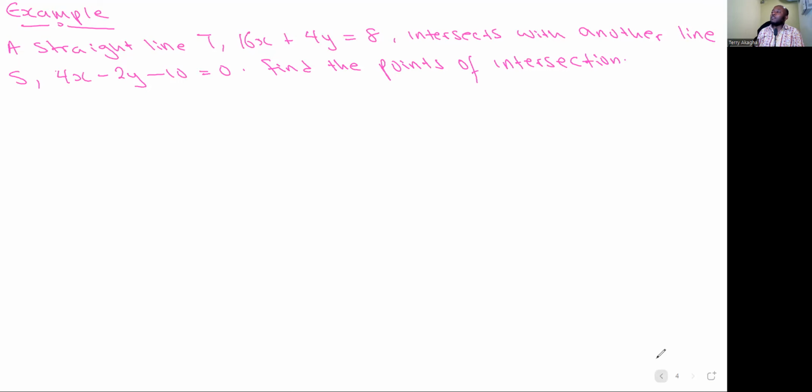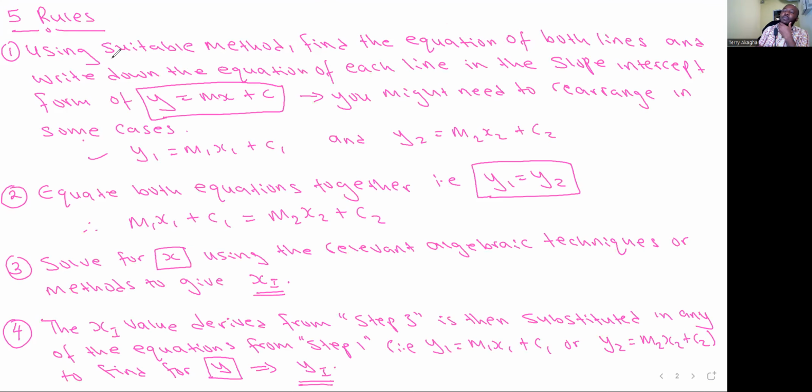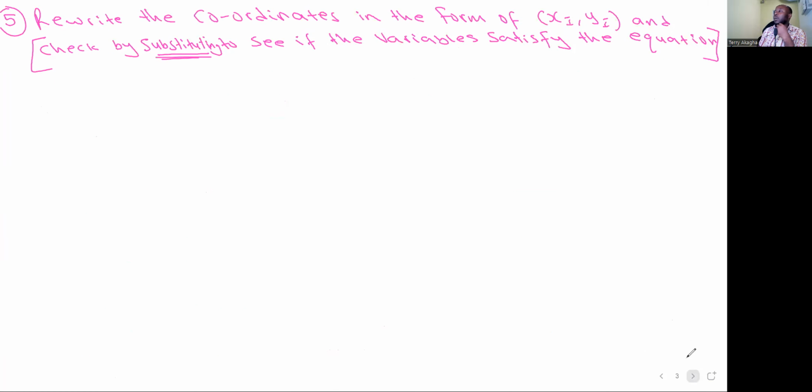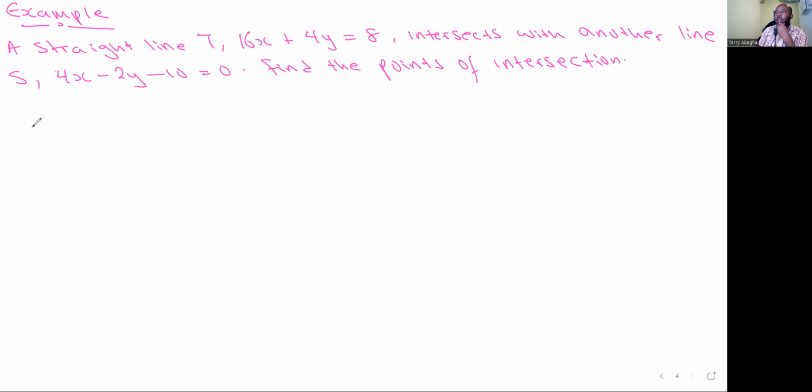So let's go back to the first one. The first step says using a suitable method, find the equation of both lines and write the equation down in the slope-intercept form. So we have to write it in the form y is equal to mx plus c. So let's go, step 1. I'm going to start with T. So we have T to be 16x plus 4y is equal to 8.